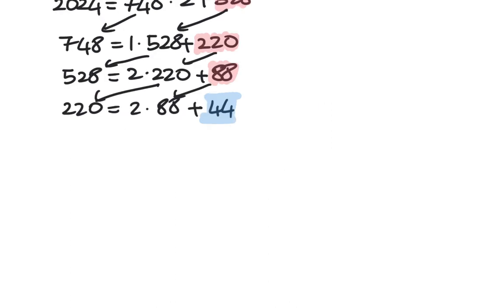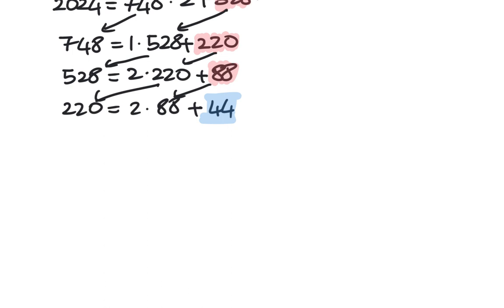So I rewrote from our previous work all the division steps that we took to find the GCD between 2024 and 748. I stopped one step earlier because I know that 44 was the GCD, and the next step will give me a remainder of 0. So this is stuff we have already learned. The new step we want to learn is that we are going to write all the remainders in terms of the divisor and the other number.